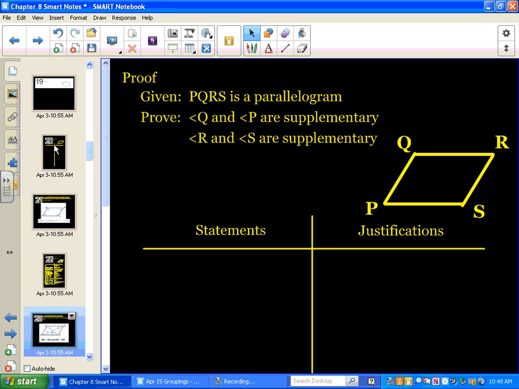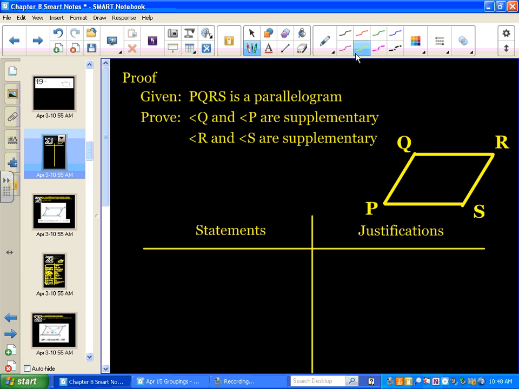Okay, I want to skip back 2 pages in your notes. I want to go to this proof here, please. Okay, now, we're going to change it a little bit up here. In your notes, it says that Q plus P equals 180, and R plus S equals 180. We want to make Q and P supplementary, and I want to make angle P and angle S supplementary.